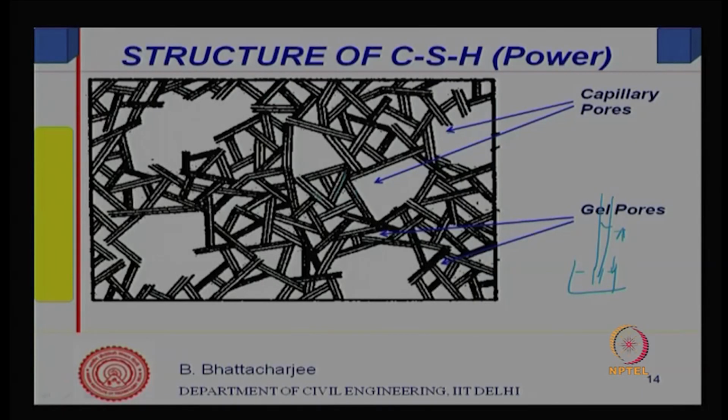So, this is how Power's model looks. We have capillary pores and layers of CHS, and within the layers of CHS the smaller pores are called gel pores. So, these are the models which represent the hardened paste structures.